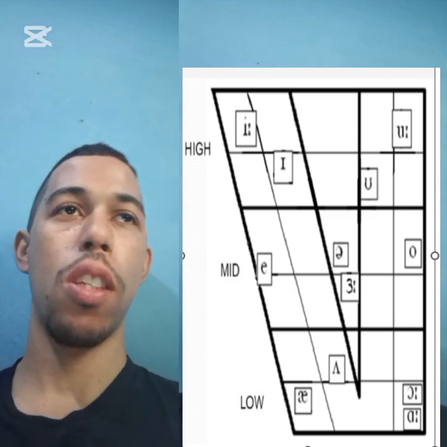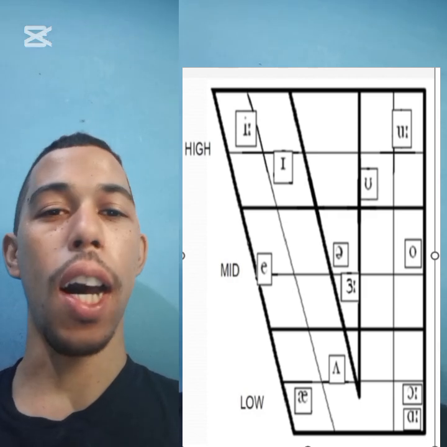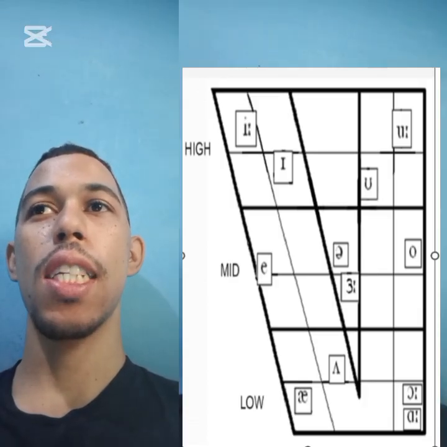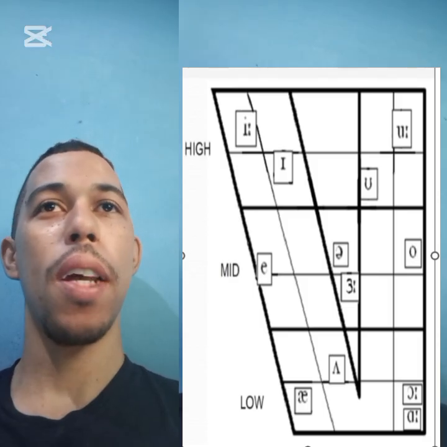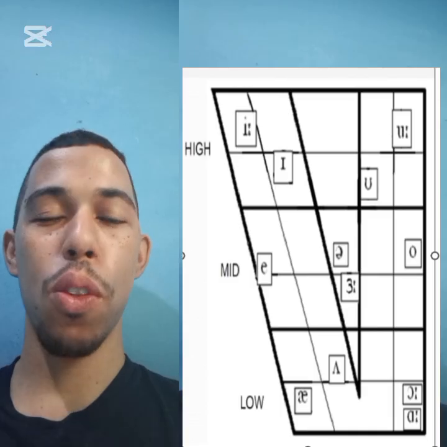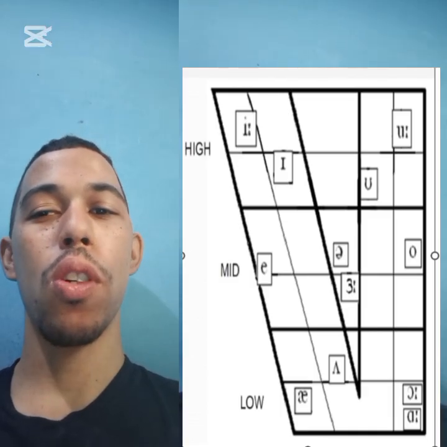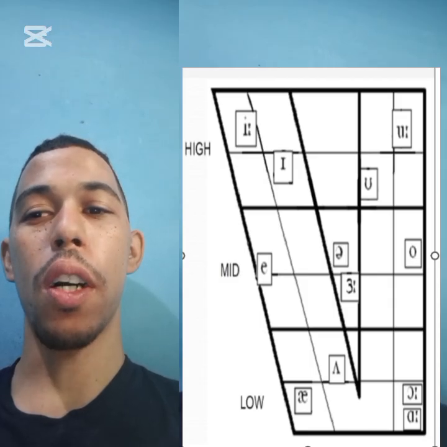You need to pay attention to some things. For example, when the vowels are positioned high in the chart, it means that the mouth is more closed; the position of the oral cavity is not too open. But when we go down in the vowel chart, the mouth opens more and more.